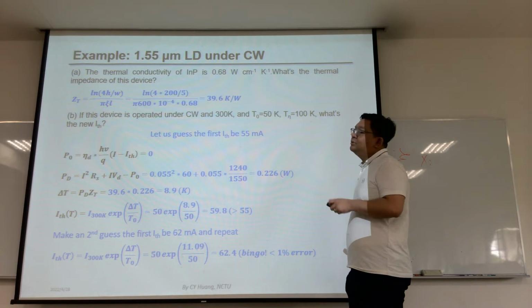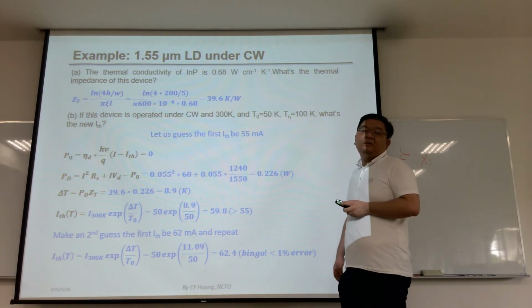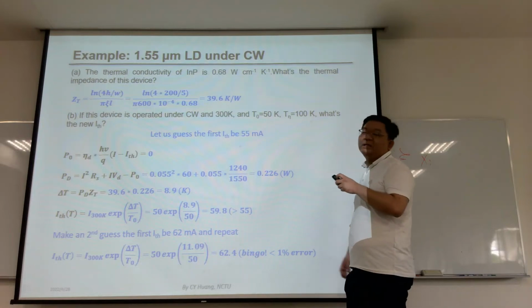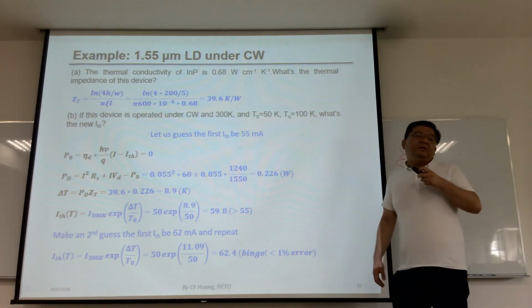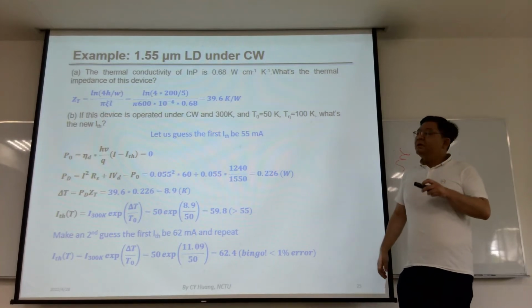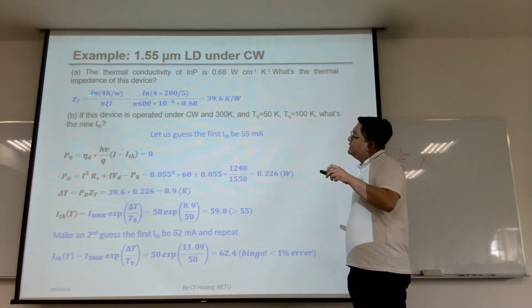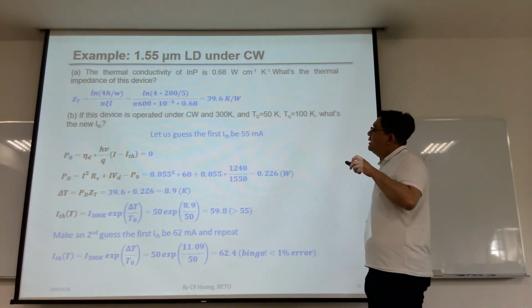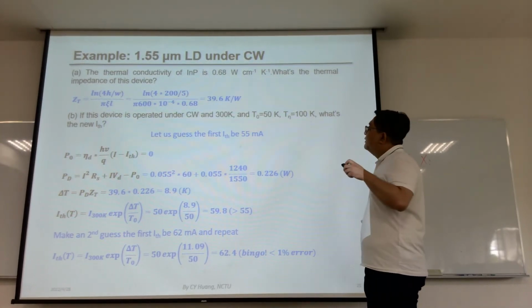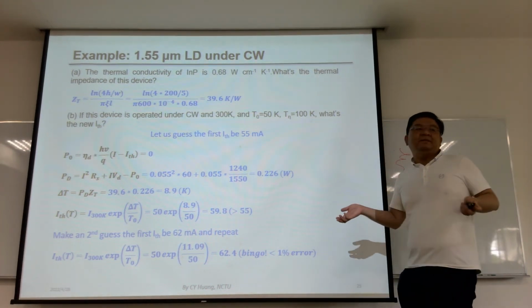So you need to unify the relevant units to get a reasonable number, because sometimes it's in centimeters squared, sometimes it's micron. So the ZT here is around 40 Kelvin per watt. Okay, so the first one is done.